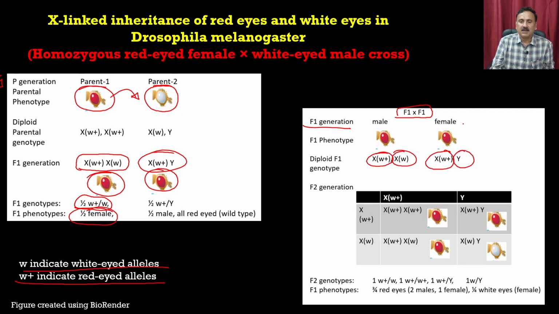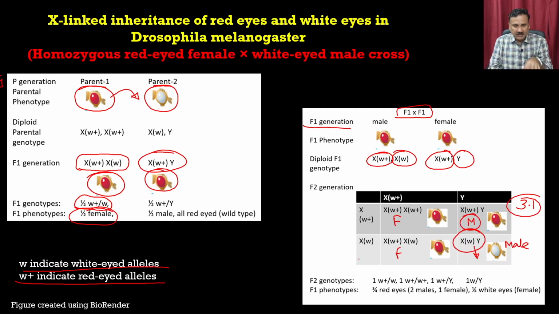What you see is that it follows the phenotype ratio of 3:1, because three are red-eyed and one is white-eyed. The white eye always appears with the Y chromosome, which means it is a male, versus all these others being females. This one is female, this one is also female, and this one is male.